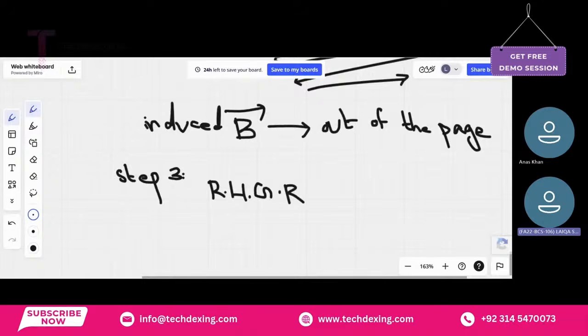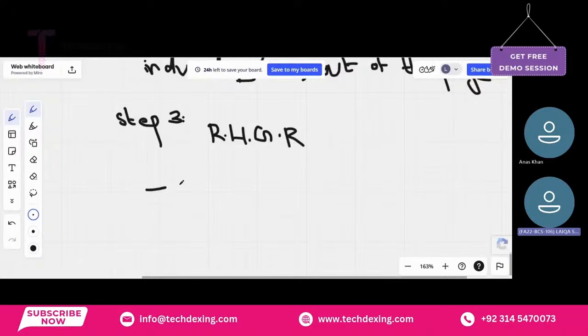When the field is into the page, you point your thumb towards the screen, away from you. And if it is out of the page, you point your thumb towards yourself. So it's anti-clockwise. Yes, very good. The direction of the induced current would be anti-clockwise.